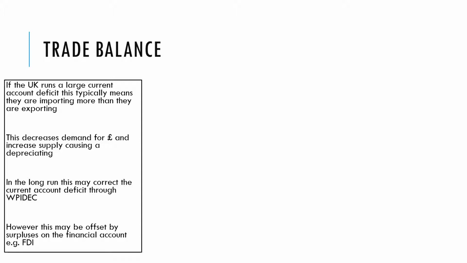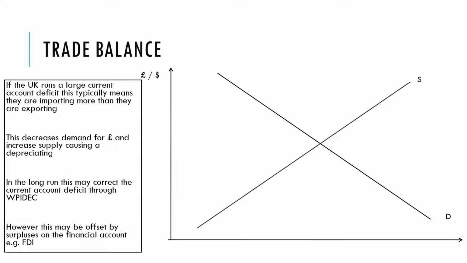We also have to bear in mind that this may be offset by surpluses on the financial account. So actually there might be a lot of demand for pounds if there's a lot of FDI taking place into the UK. So again, we can illustrate this in our market. If the UK were to run a large trade deficit with the USA, then what would we expect to happen?